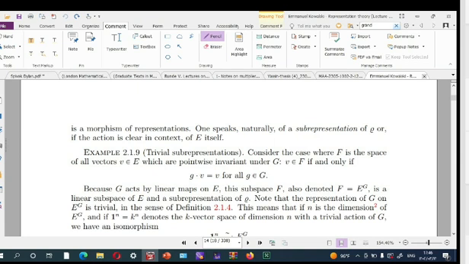Consider the case where F is the set of all vectors v which are pointwise invariant under G. Or more carefully, for any v in E, v belongs to F if and only if g dot v equal to v for all g in G. And we denote this by E^G. Okay, let me write this for you.